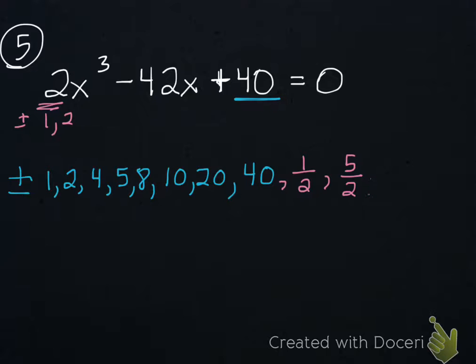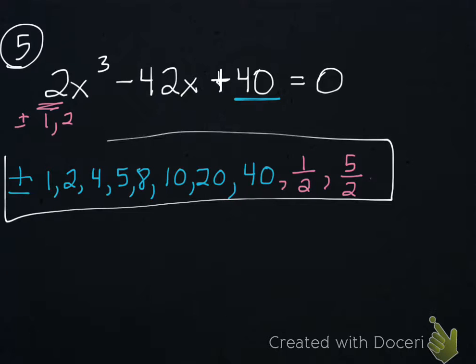So my complete list is everything that we have here. These are all the possible roots that we could have. Now in reality, this is an x cubed. Only 3 of these numbers are going to work.